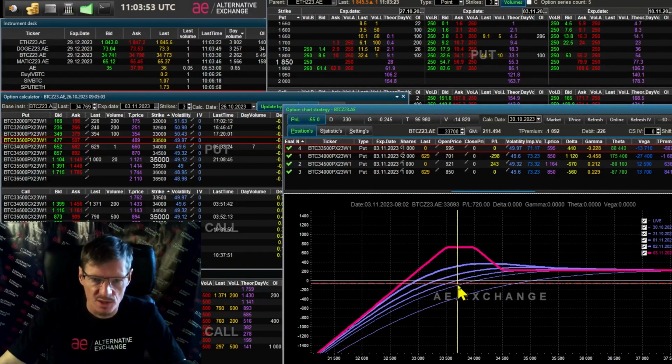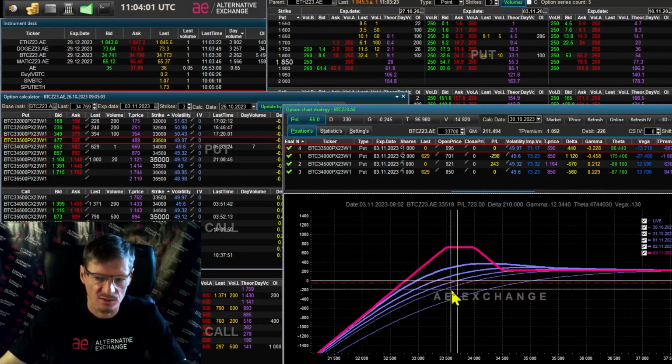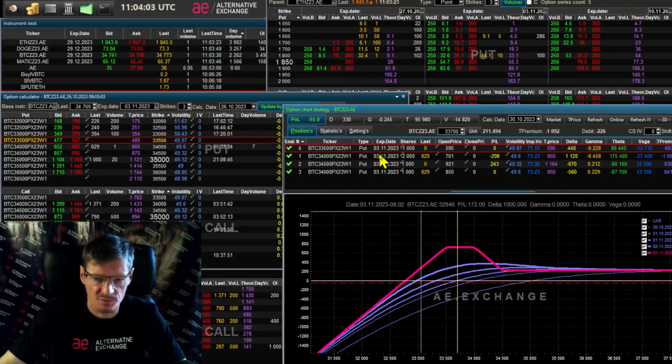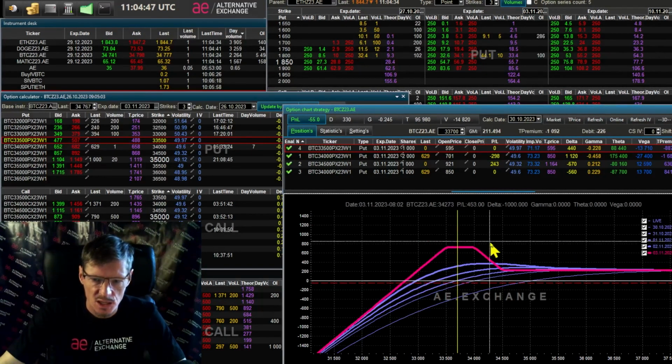We are right here. I didn't use any ratios, and I could compensate for the loss in delta with the time premium of the 33,500 options. But I'm just doing a simple demonstration right now. My break-even point is now at 32,700, and the profit cap is now wider.